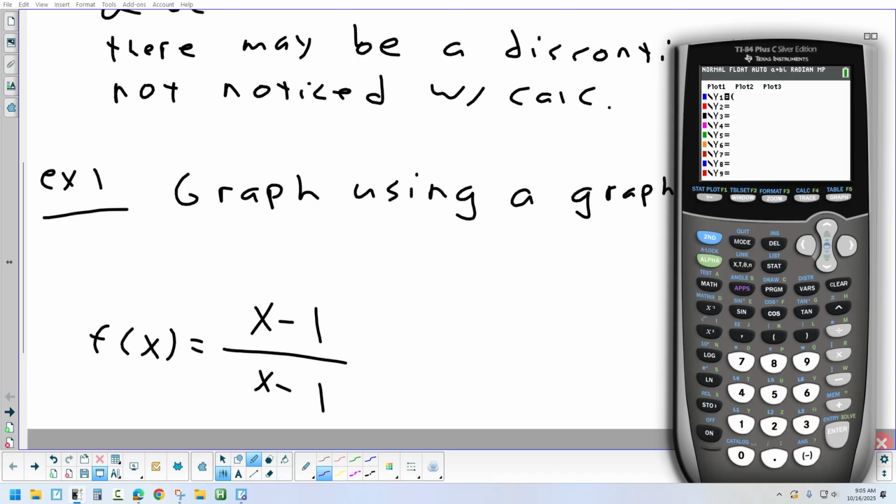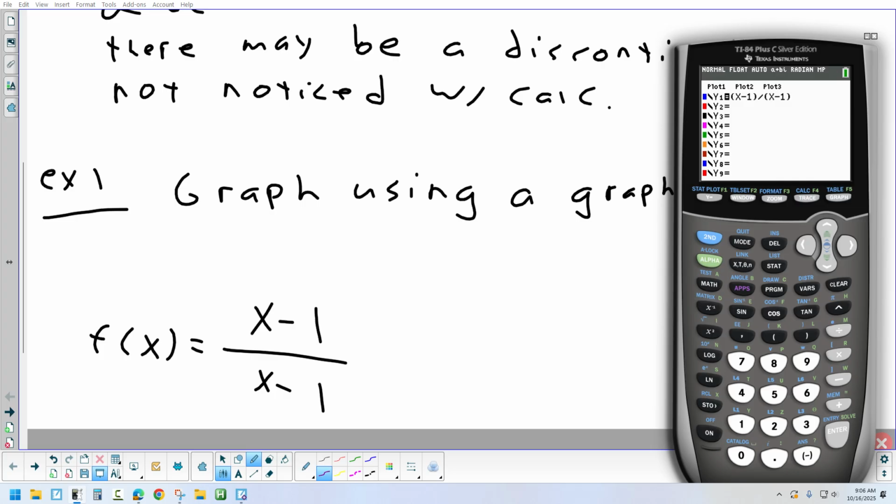I'm going to type it in parentheses, x minus 1 divided by x minus 1. And if you divide 2 things that are the same, what do you get? 1. So what would you expect this graph to look like? Yep. A horizontal line at what number? 1.